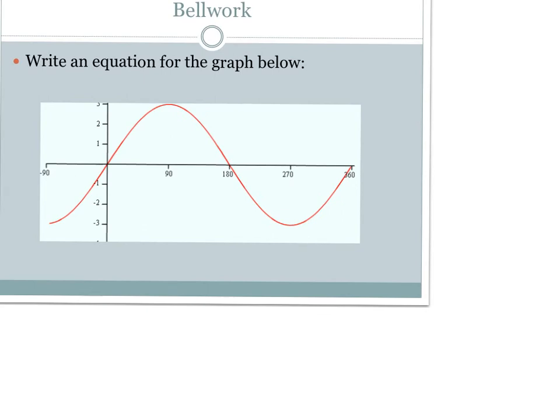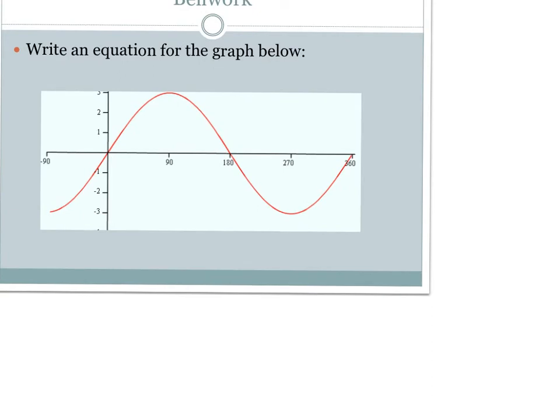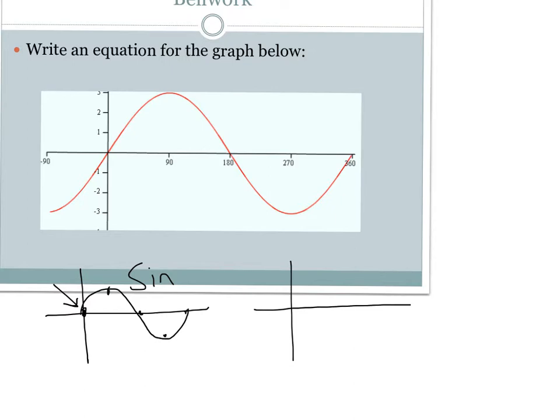The first thing that I look at is that hopefully you're getting the idea that when we graph sine, it always starts right here. This is a very sloppy graph for sine.